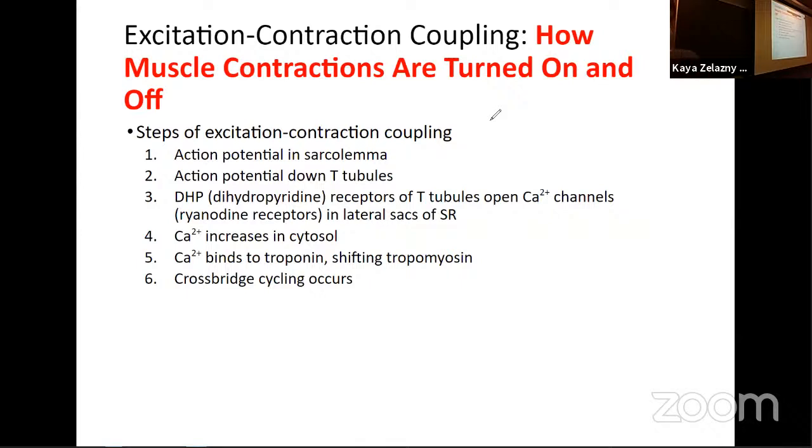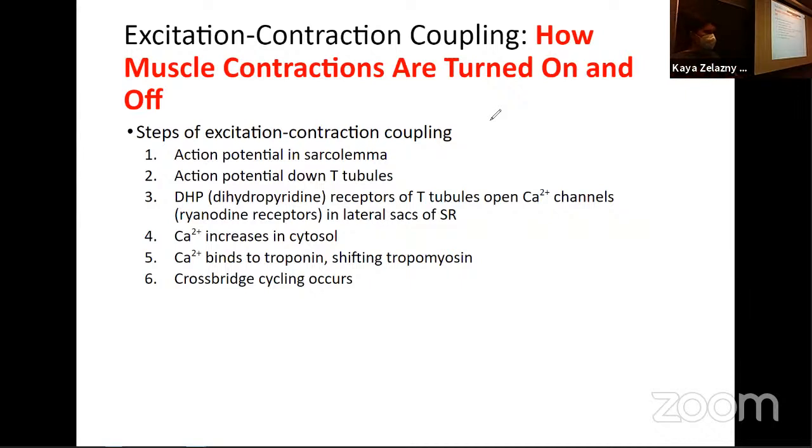As we open calcium channels, like we saw in our neurons in the central nervous system, when the calcium channels open, they're releasing calcium. In this case, they're releasing that calcium into the cytosol, so into the muscle cell. The calcium, once it's freely moving around in the cytosol, can come into contact with the filament.